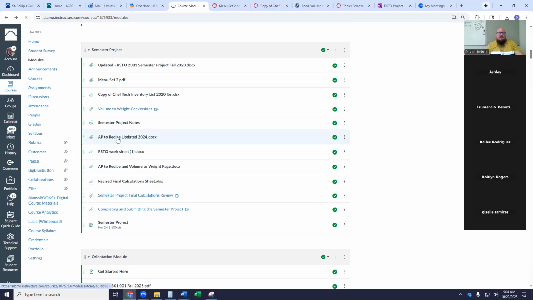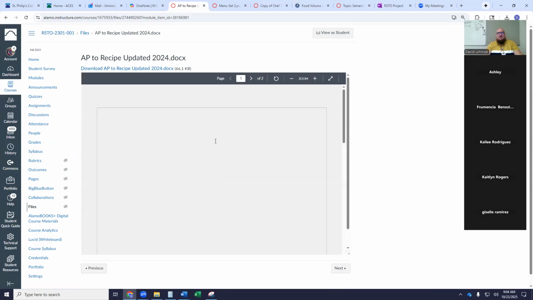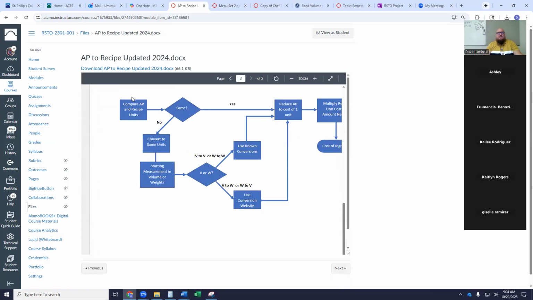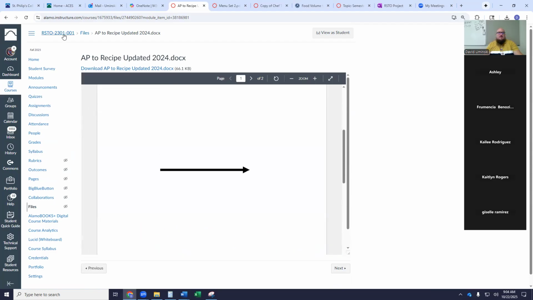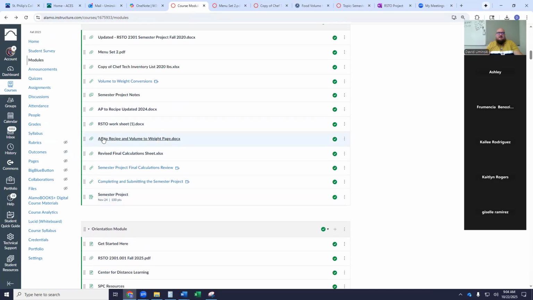And so that AP to recipe updated, on the second page of that is where you're going to find that flow chart. So I just put it in the modules. It's the AP to recipe updated 2024. So that's the flow chart. Can I rename it? Nope, I can't. All right.